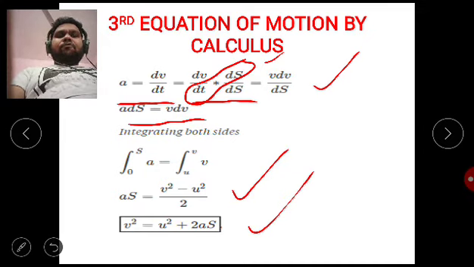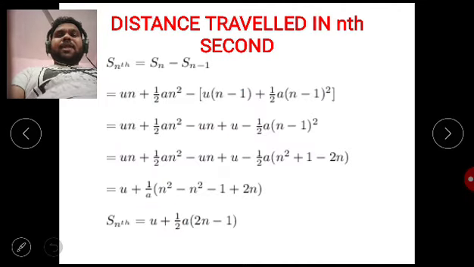Now we will move to our next topic, that is distance traveled in n seconds and in the nth second. We know that distance traveled in n seconds is given by s = ut + ½at². But there is a difference between distance traveled in n seconds and distance traveled in the nth second.